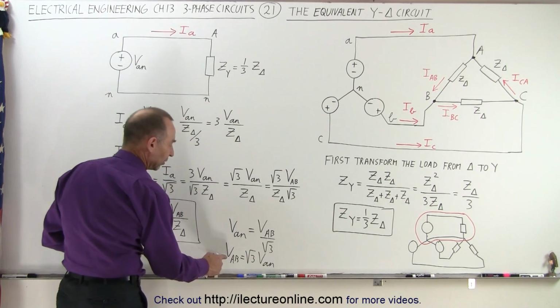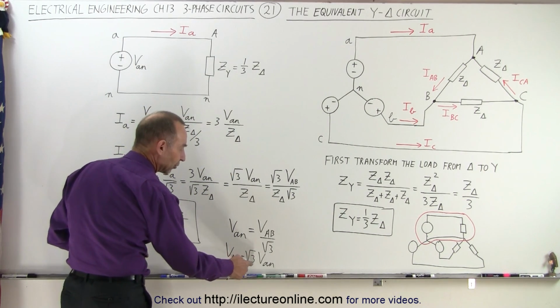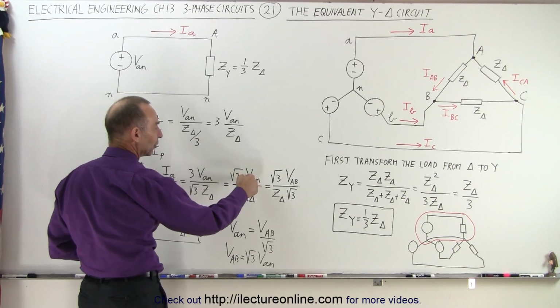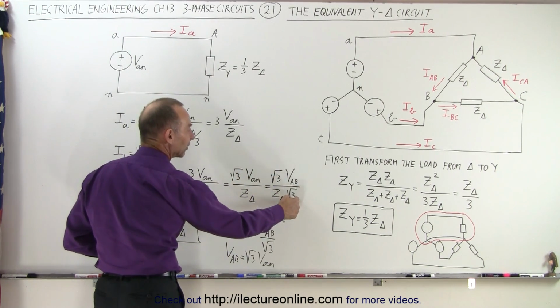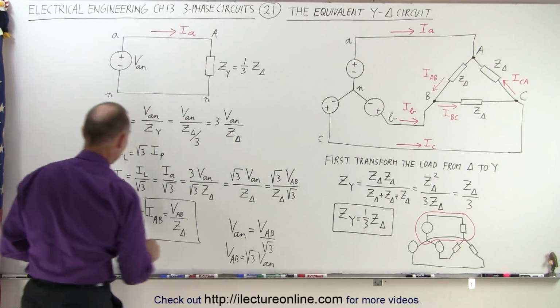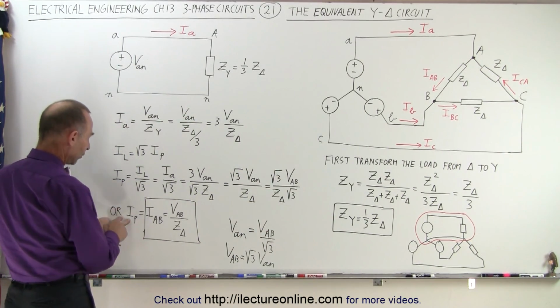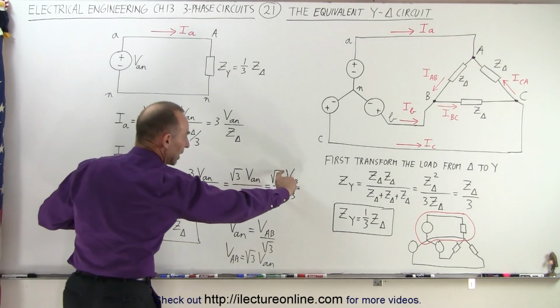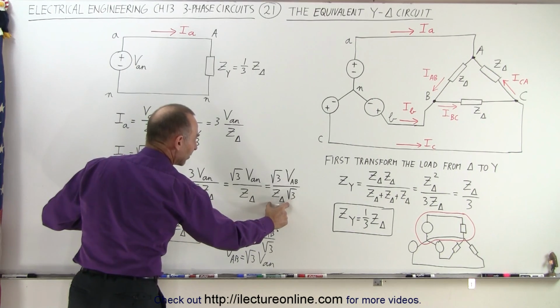In other words, the line voltage is equal to the square root of 3 times the phase voltage. So we can take the phase voltage and replace it by VAB divided by the square root of 3. And then you see that the square roots of 3 cancel out, and we know that the phase current is equal to IAB, which is equal to what's remaining here, VAB divided by Z delta.